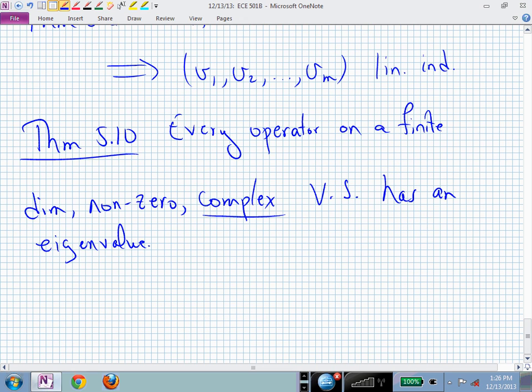And that's not necessarily true on a real vector space. We could have invariant subspaces, but we may not have an eigenvalue. But here, theorem 10 in chapter 5 says every operator on a finite dimensional, non-zero complex vector space does have an eigenvalue.